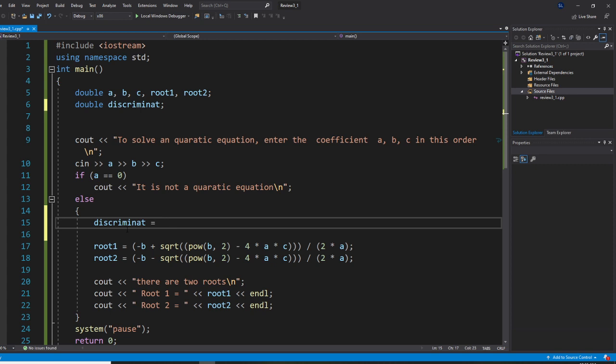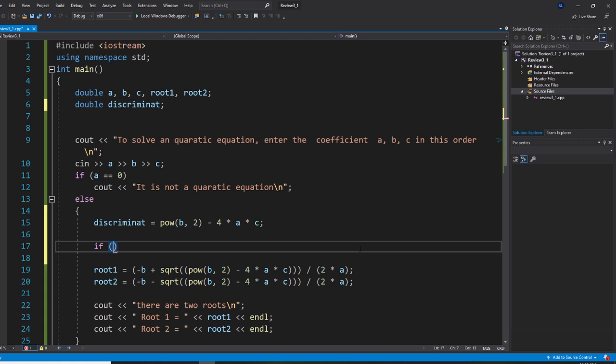So I'm going to say power of b to the second power, b squared, then minus 4 times a times c. So first we do that, and I already got my discriminant right now.